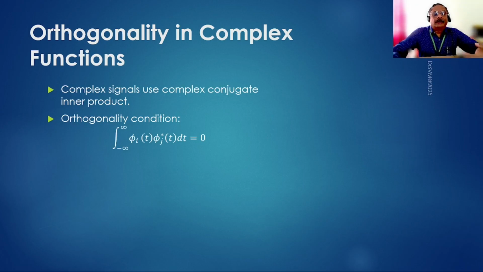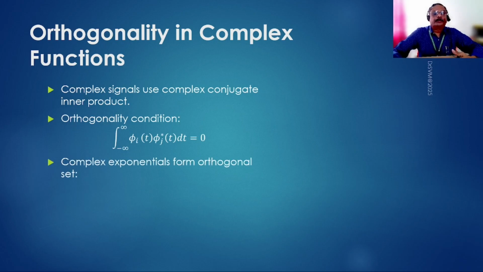These are multiplied, and this product is integrated over time from minus infinity to plus infinity. If phi i and phi j are orthogonal to each other, then this integral must be 0.